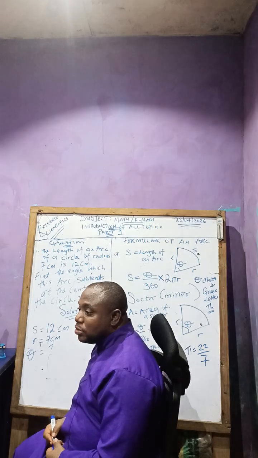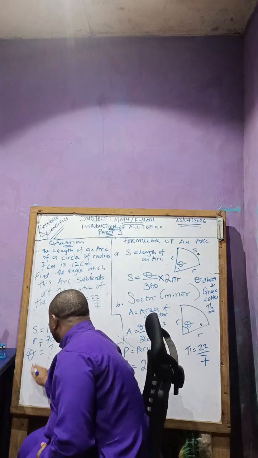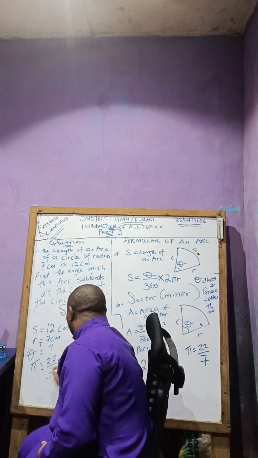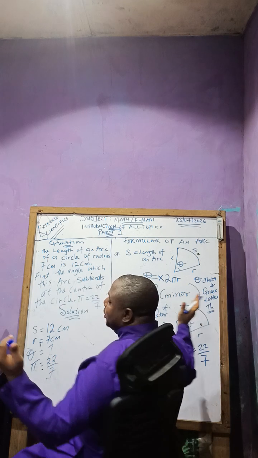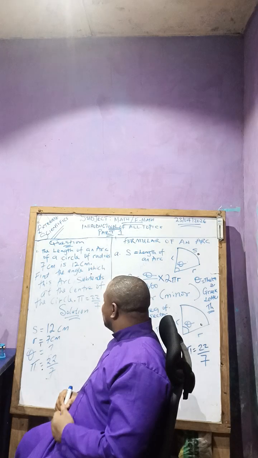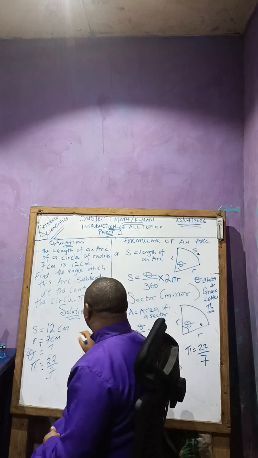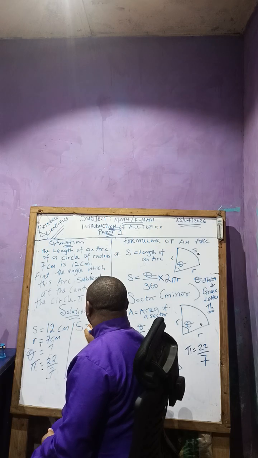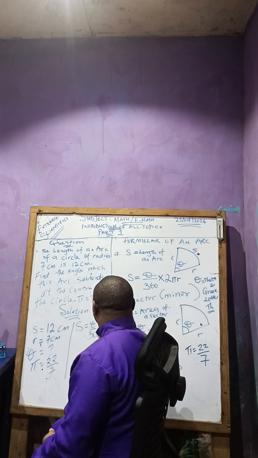They give me pi too, 22 over 7. Can you see that? So what is the formula, without looking at the book? Theta over 360 times 2 pi r is equal to S.